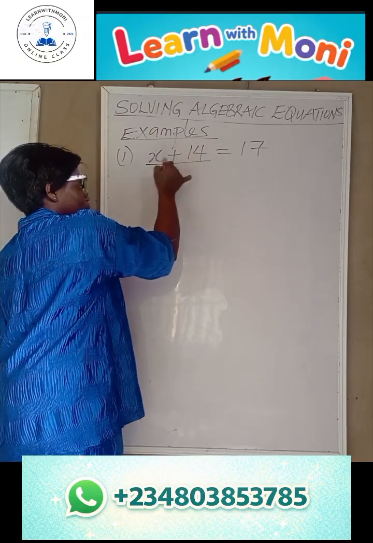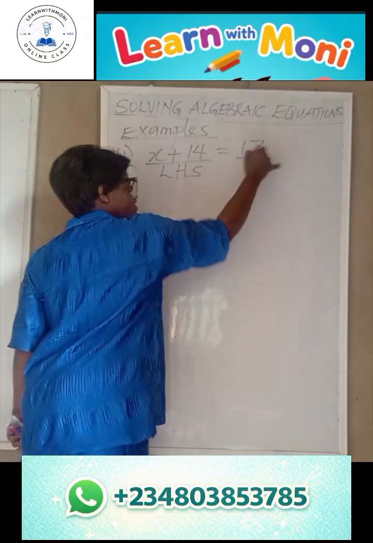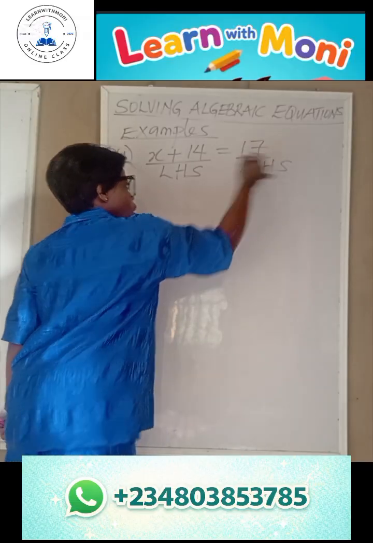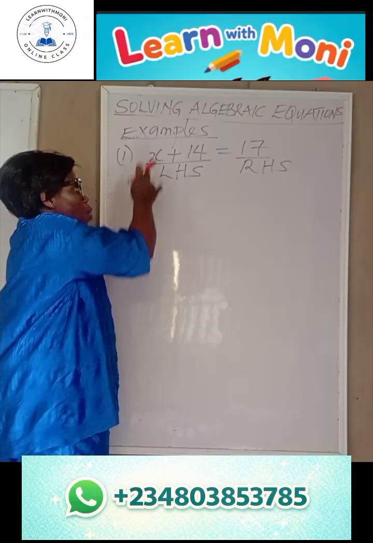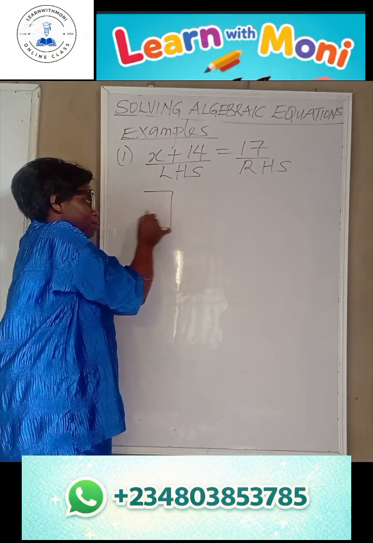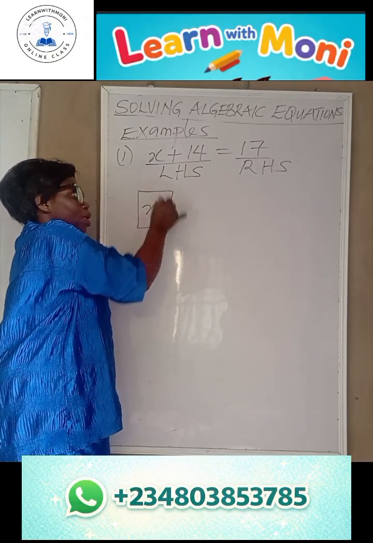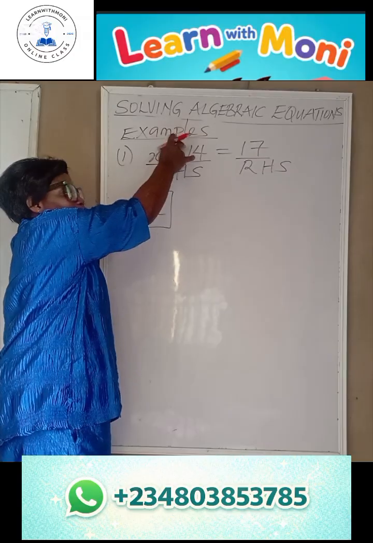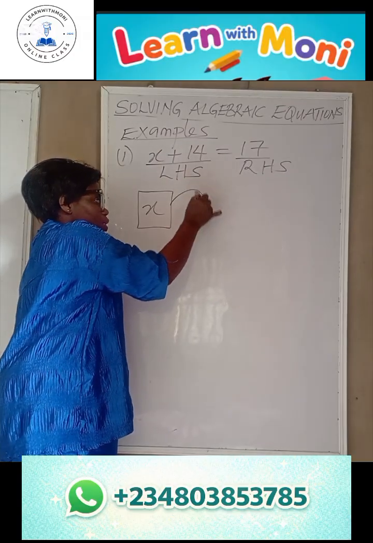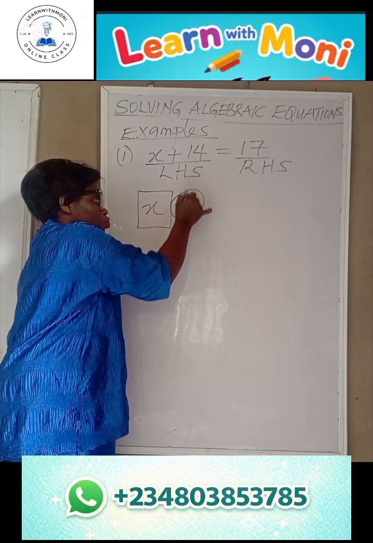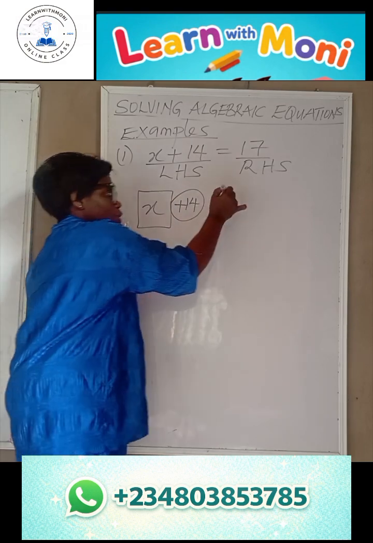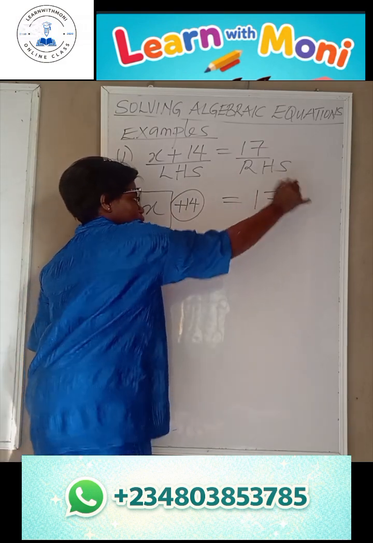This is my left hand side and this is my right hand side. On the same side with my unknown is this 14. So I want to consider my x as a bar of magnet, and my plus 14 as a ball of metal attached to the magnet. On the other side, I have 17.